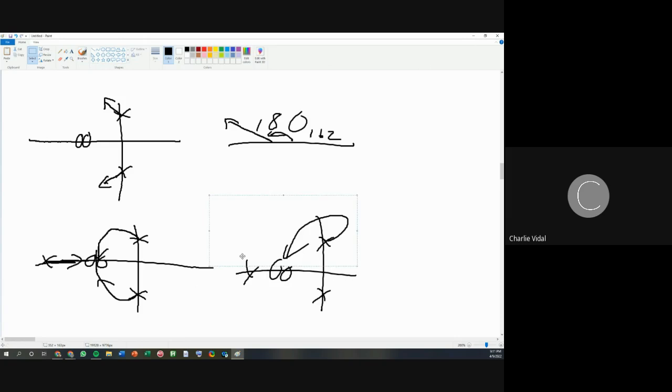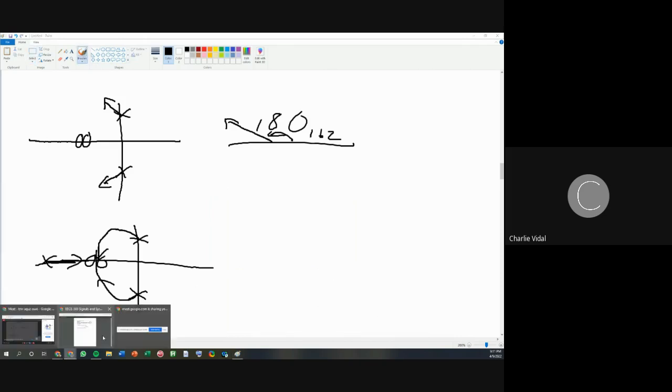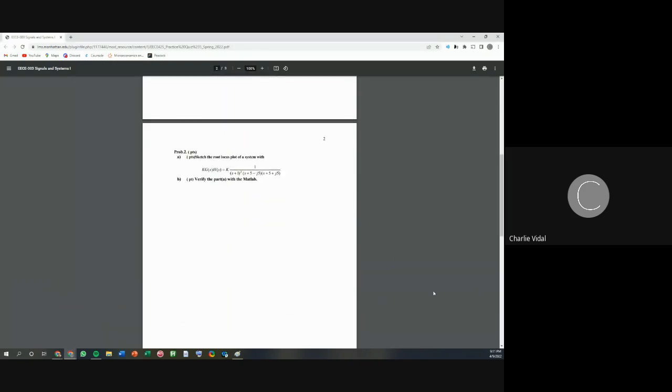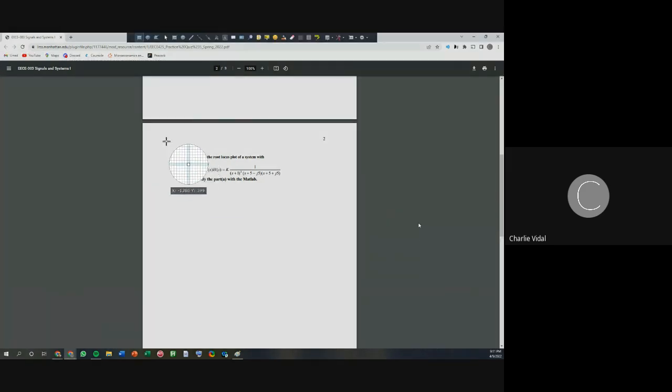So with that being said, we can now go on to problem number 2. Let me get problem number 2 up. Problem number 2 is a little bit harder, which is better because now I get to show you all the steps.